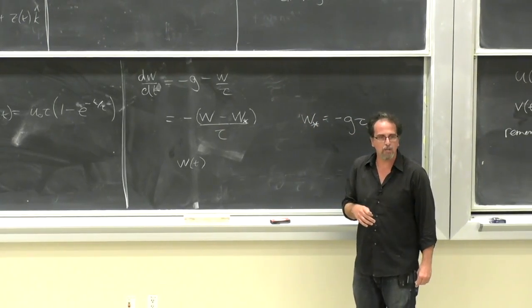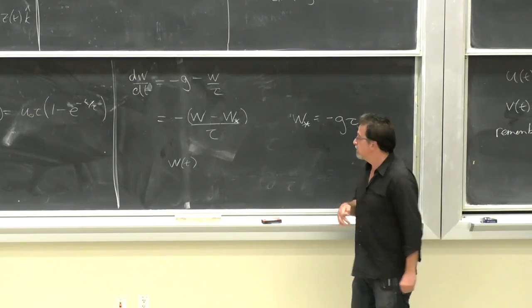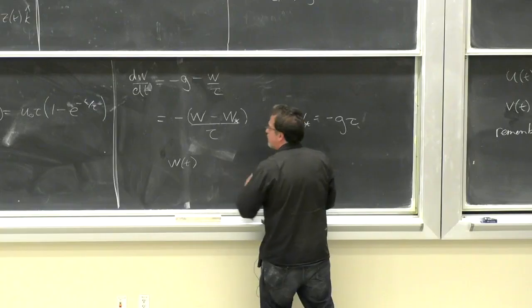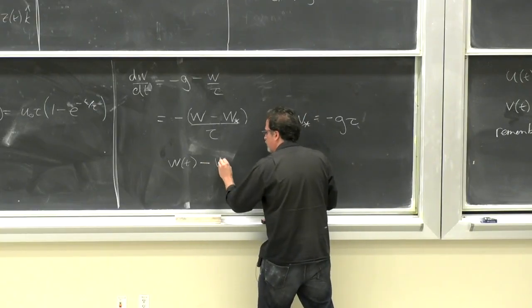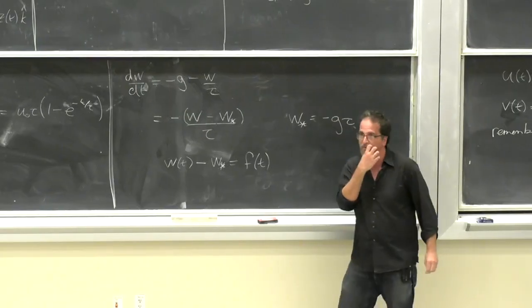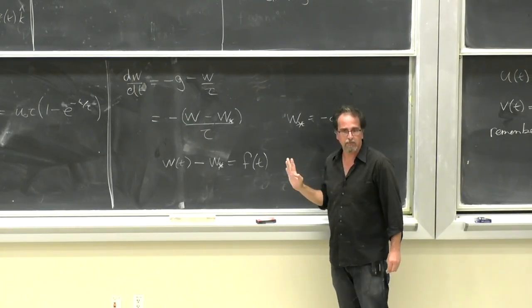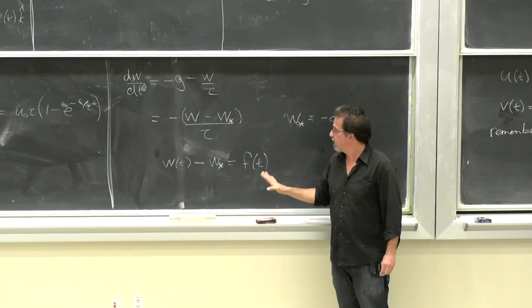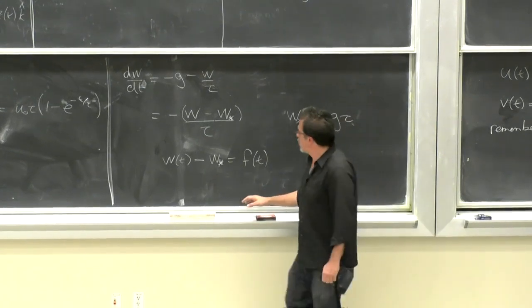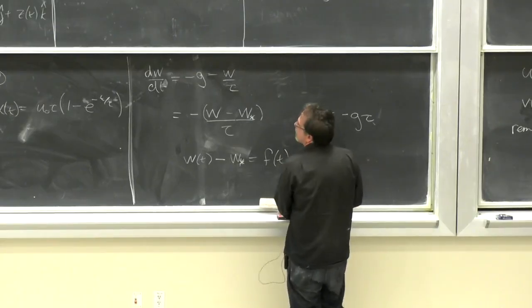Let us call it f. I'm going to define f as follows. I don't know W of t, but I'm going to say W of t minus W star is equal to another thing I don't know, f of t. I'm going to make this substitution. So the idea is to get rid of W and keep f in this equation.